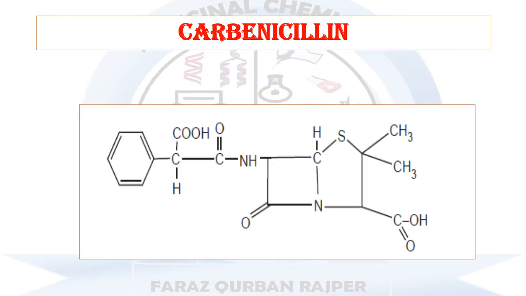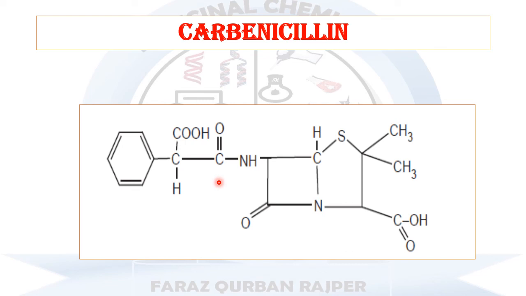So this is the chemical structure of carbenicillin. You may observe that in the acyl amino side chain we have this carboxyl functional group present, and there is no electron withdrawing group present near this carbonyl carbon, so that's why it is acid sensitive.